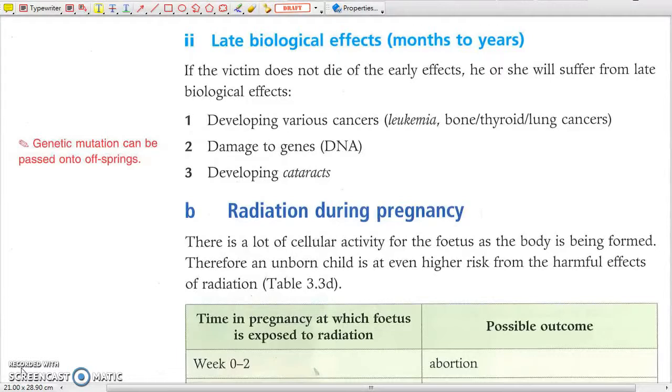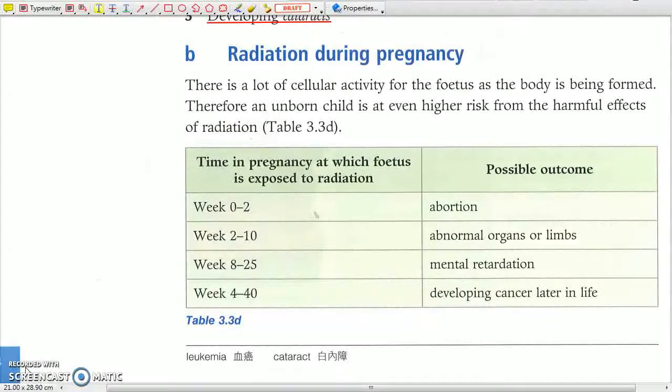2. Late biological effects. Victims who do not die of those early effects may suffer from the following late biological effects: developing various cancers, damage to genes, or developing cataracts. B. Radiation during pregnancy.